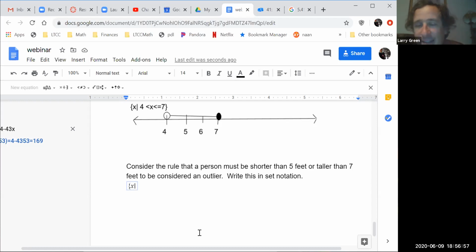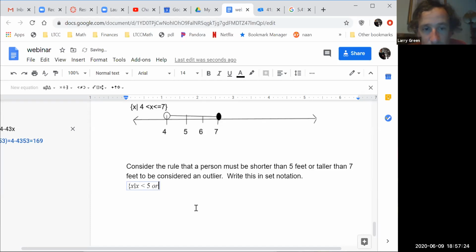How do you write that as an inequality? It's not that hard. Yeah, x is less than 5.